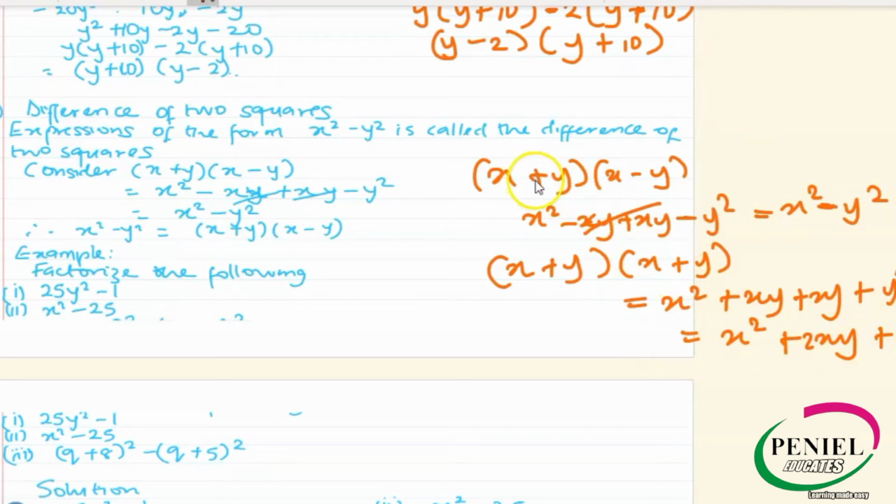So let us look at certain examples. We know that when you have x squared minus y squared, that is what is called a difference of two squares. And you are going to express this as x plus y into bracket x minus y. So let's look at an example.